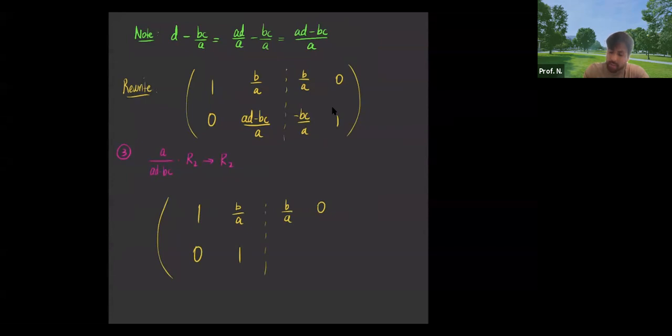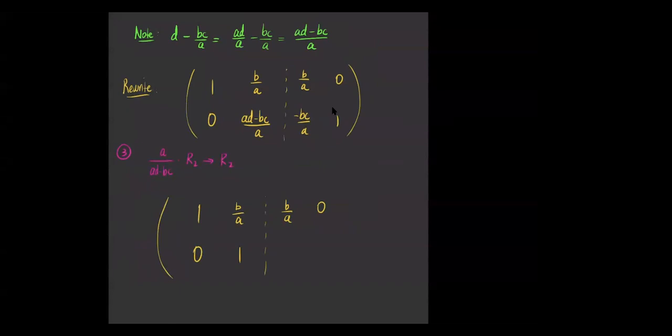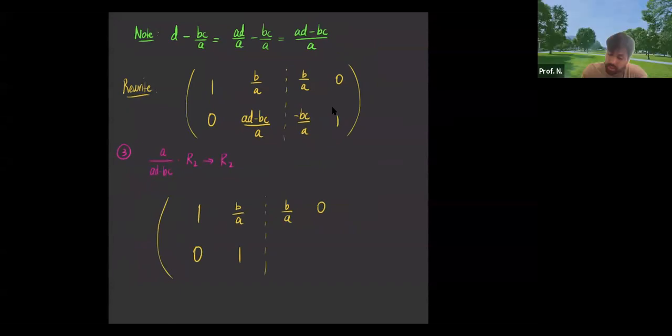Right. And then what happens? Then this becomes A over AD minus BC, because I'm only multiplying 1 to it. Now, when I multiply it here, I have to be a little careful. A over AD minus BC multiplied by negative BC over A. What happens with the A's?